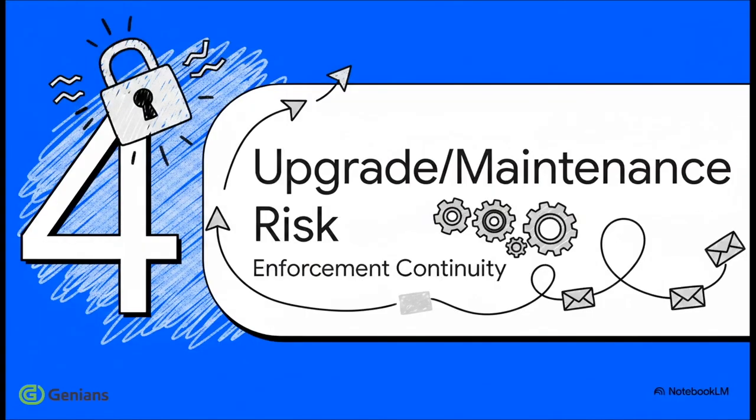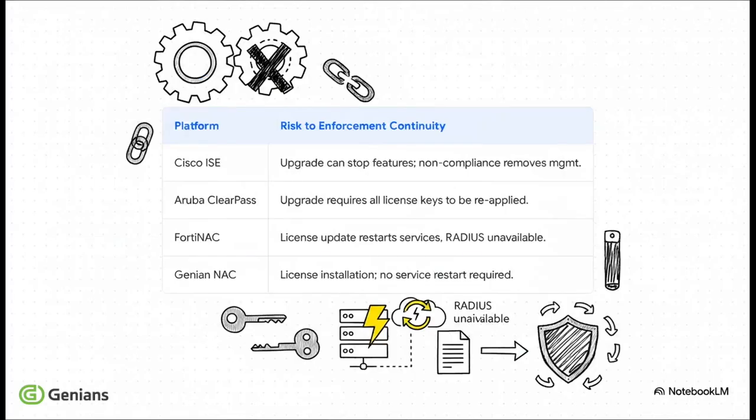Okay, so licensing isn't just about cost. It's also about risk, specifically upgrade and maintenance risk. Let's look at how something as simple as a license change can actually affect your network's enforcement and uptime. So these are documented risks, pulled from the vendor's own public information. For example, with Cisco ISE, when you upgrade from version 2.x to 3.x, features can just stop working if they move to a different license tier.